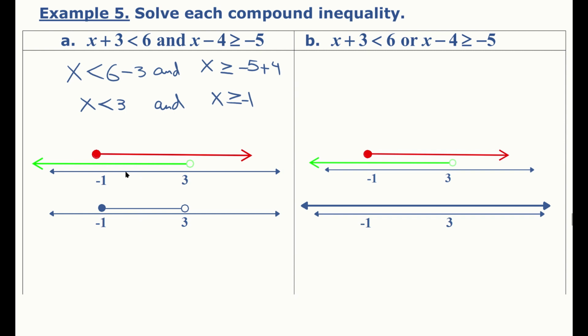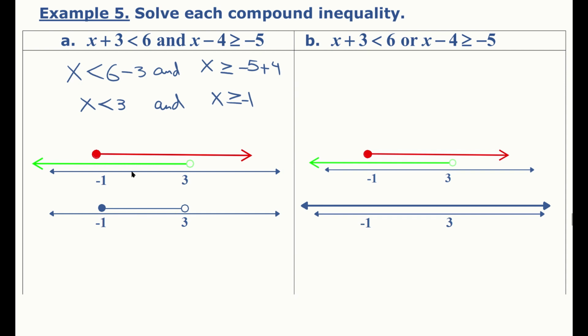So notice that what they have in common is exactly this area between -1 and 3. So we depict that down here for our final solution graph, and this is always recommended with these types of problems. Graph your solution set before you actually write it out. It's much easier.